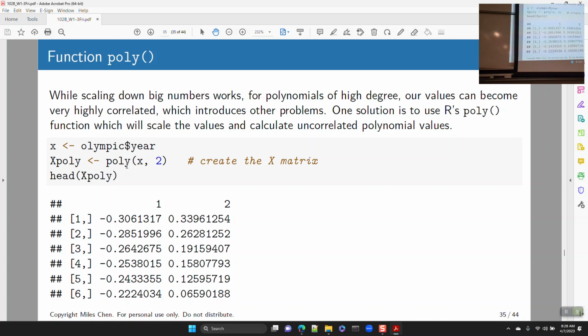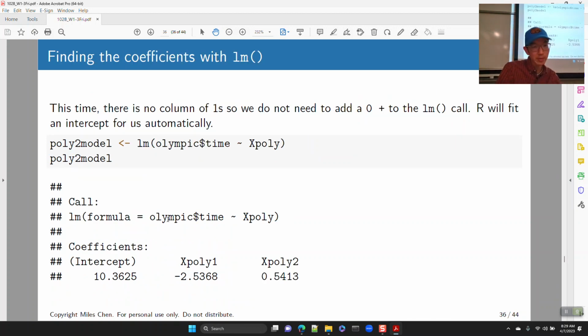And so it finds these uncorrelated things, which allow us to find the contribution of just this one specific component. So poly will scale the values and create uncorrelated polynomial values, at least for this particular range of x. And again, once you go outside of the range of x that you've defined, they start becoming correlated once again. Okay.